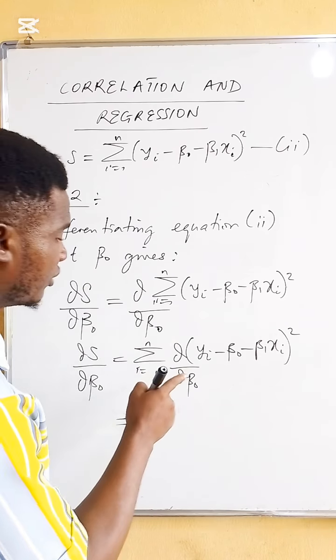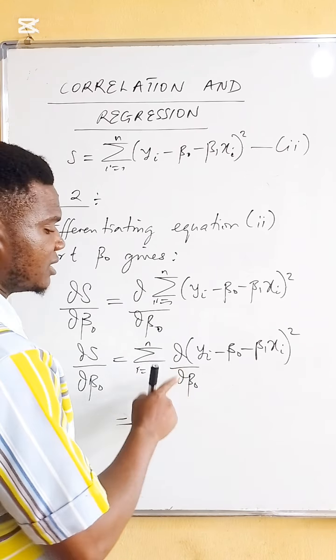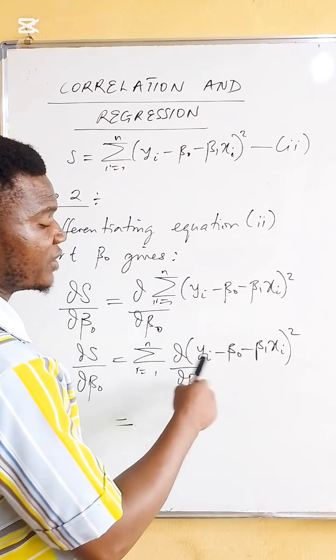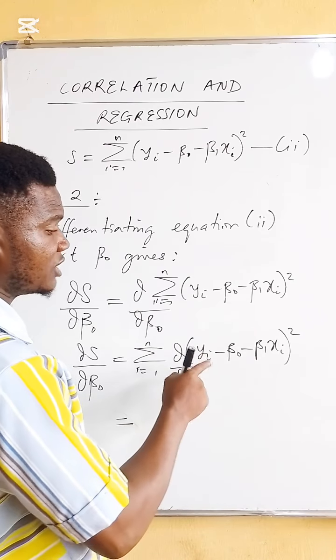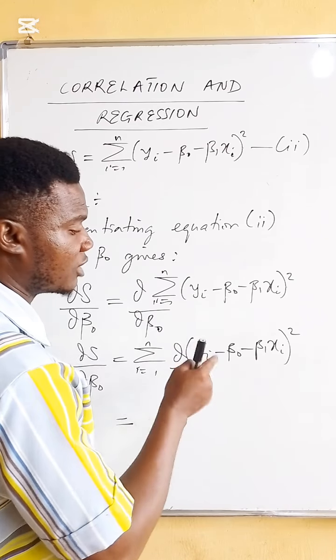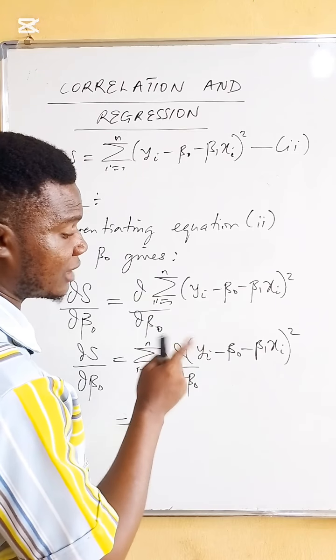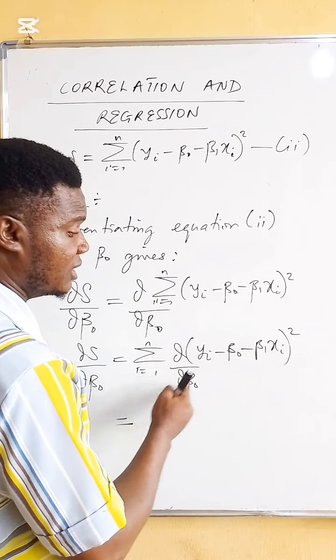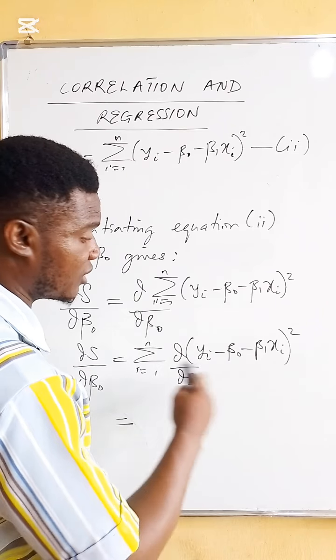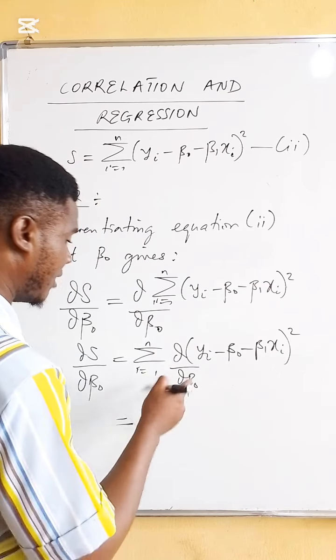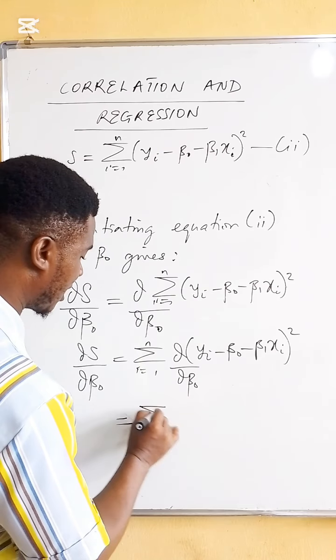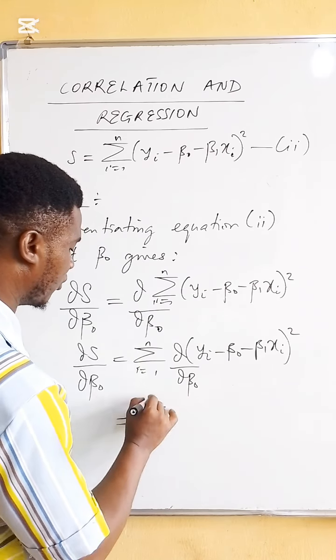Now, the one thing we are going to do here is, looking at it, this is a partial derivative, and we are differentiating with respect to beta naught. This implies that anything that does not have beta naught attached to it becomes 0 in differentiation because it will be taken to be a constant. Now, let's do that. So my sum comes out, summation from i equals 1 to n.